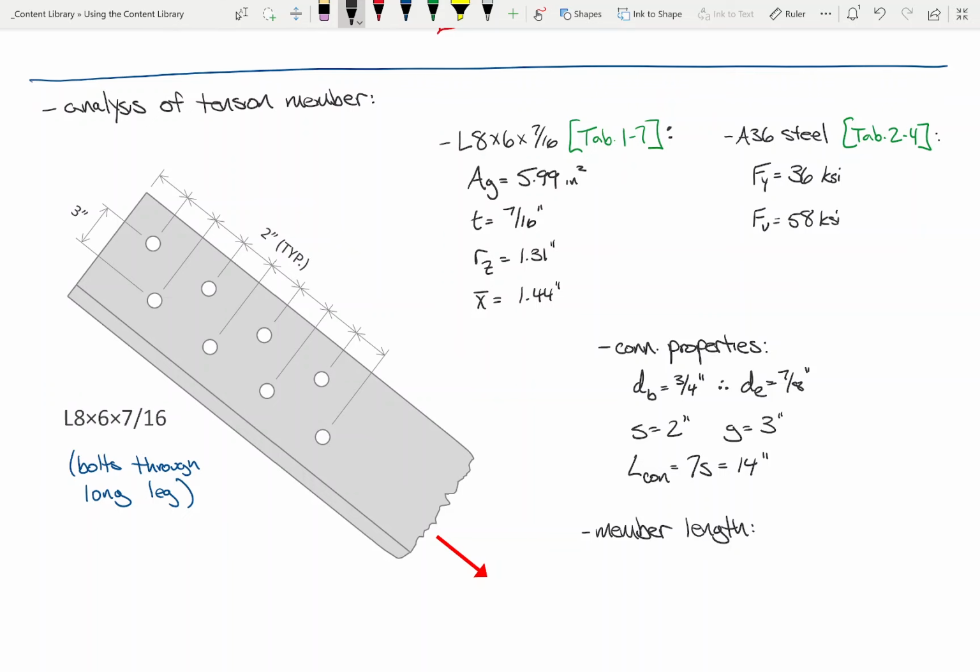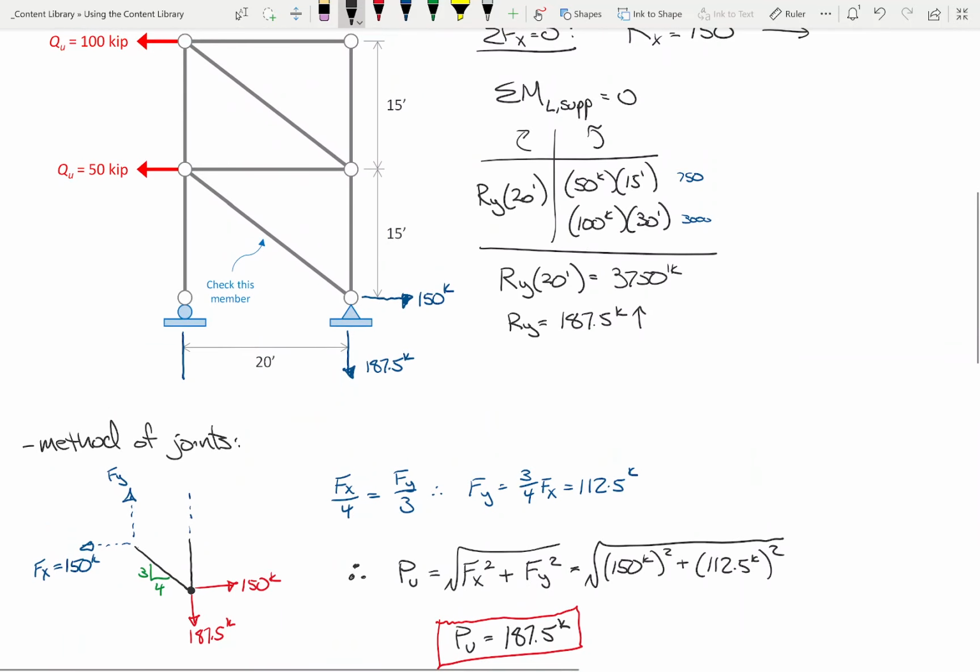So what is the length of the member? Let's go back to the truss. How do I figure out the length of the member? Pythagorean theorem.